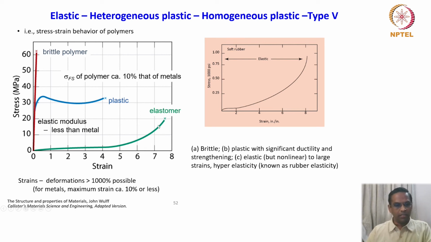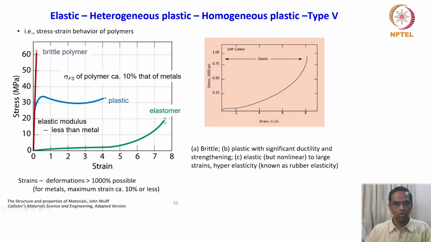And this type of curve is described as elastic but nonlinear to large strain. Okay, it is called hyperelasticity, also known as rubber elasticity. There is no load drop in the rubber elasticity, which is quite different from the other stress strain curves we have seen.